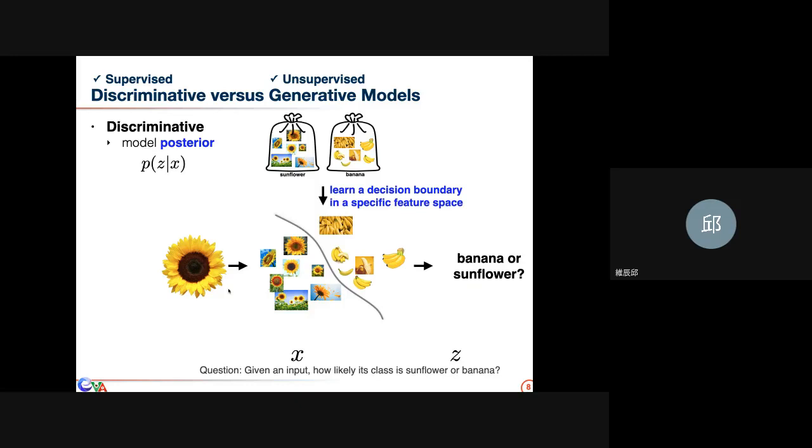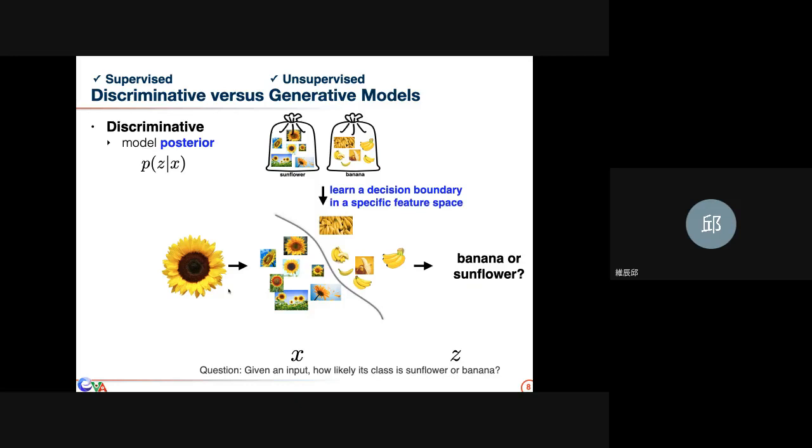Okay, so what is the discriminative model? The discriminative model is actually related to most of the machine learning models you have learned so far, for example the SVM, those classifiers, those regressors. Most of the time they belong to the discriminative models.